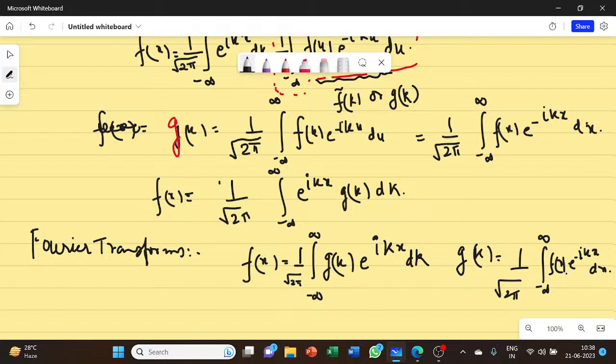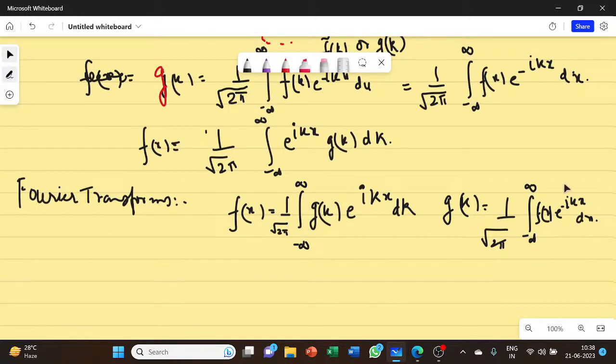I hope it is clear. So basically, both of them are called Fourier transforms of each other. At times you will be thinking which one to call the Fourier transform. At times this is referred to as a Fourier transform, but this is also a Fourier transform. So both of them are called Fourier transforms of each other.